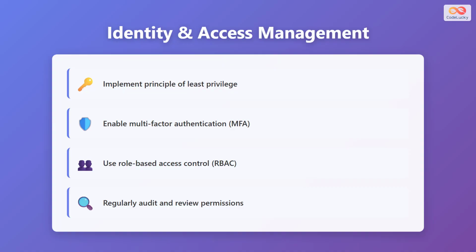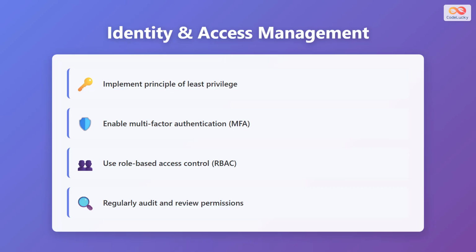Identity and access management, or IAM, is crucial for controlling who can access your cloud resources. First, implement the principle of least privilege, which means giving users only the minimum access they need to do their jobs, nothing more. Second, enable multi-factor authentication, or MFA, which adds an extra layer of security by requiring users to verify their identity through multiple methods, like a password plus a code sent to their phone.